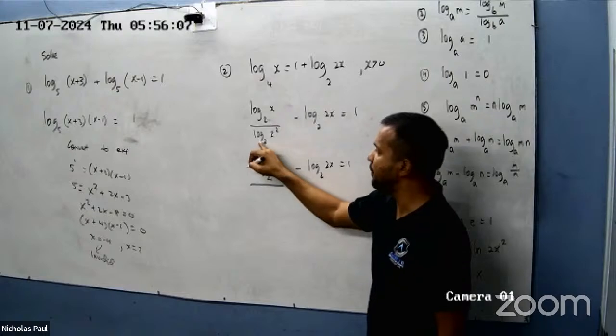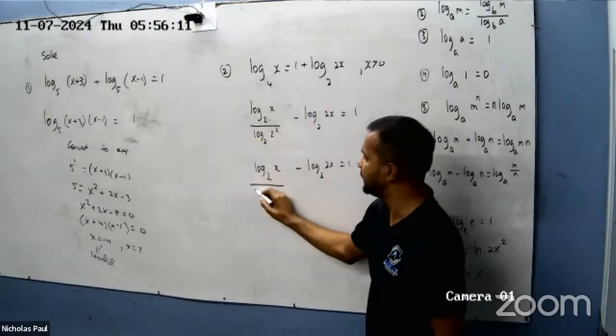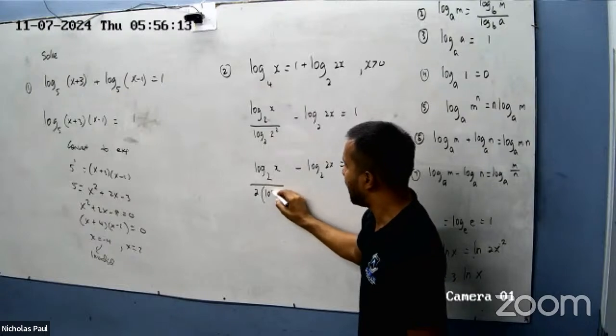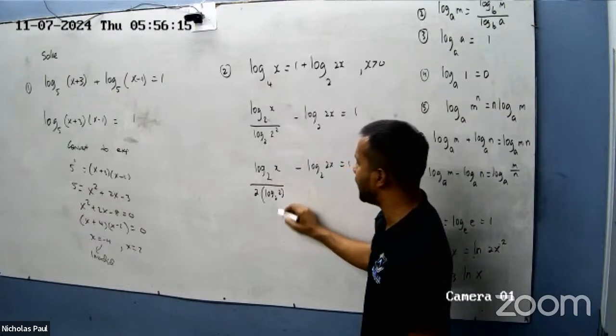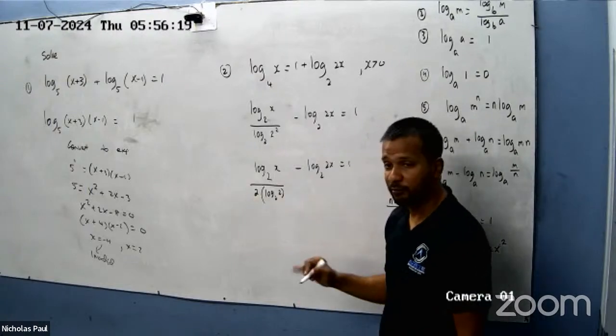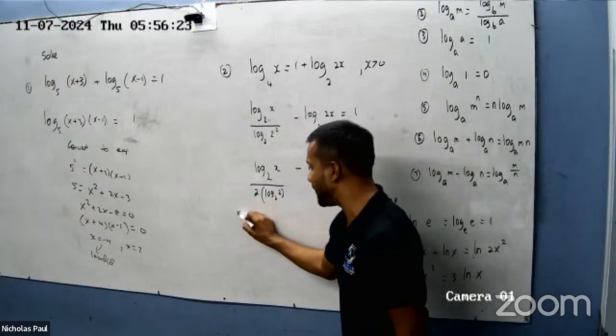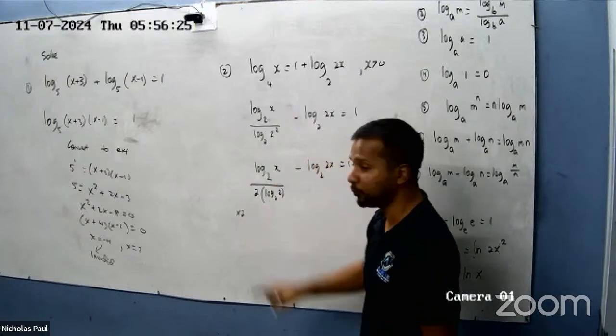Please remember that 2 squared, which is 4, I can bring the 2 in front here, right? And we know that log 2 is 1. So I have 2 in my denominator. I don't want that, right? So I'm going to multiply every term by 2.